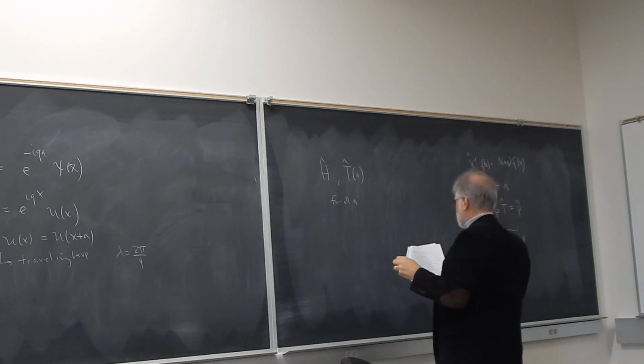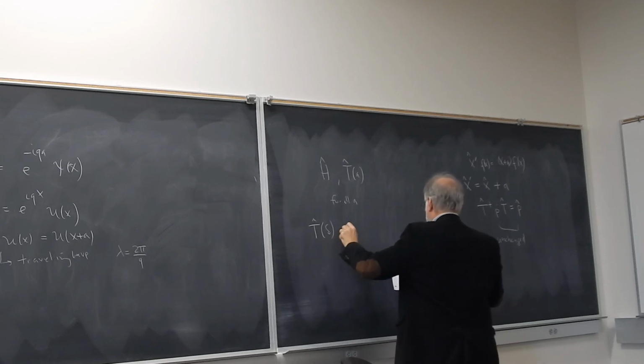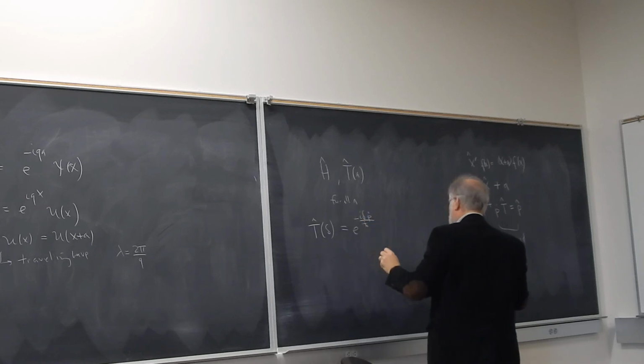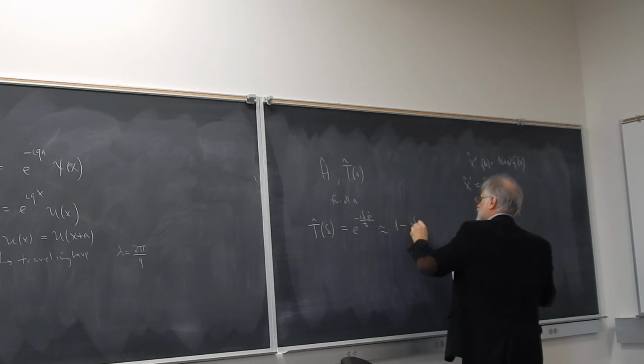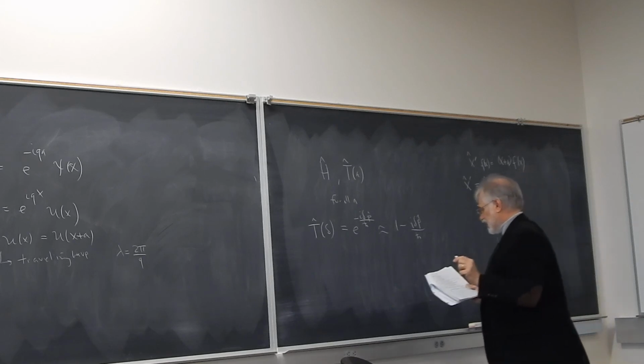So let's consider the infinitesimal translation, T of little delta. I can write that as e to the minus i delta P over h bar, and it's equivalent to 1 minus i delta P divided by h bar, where delta is just some infinitesimal length.